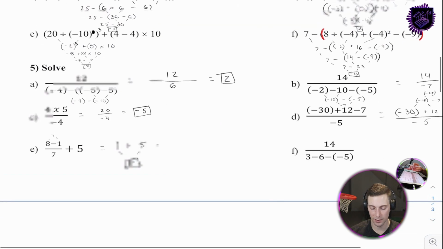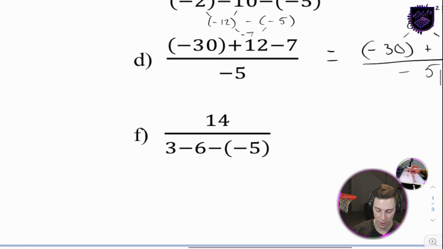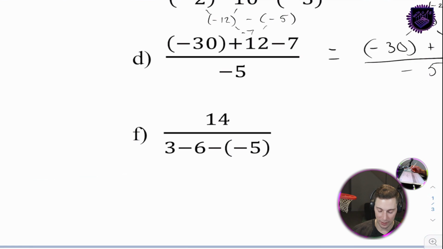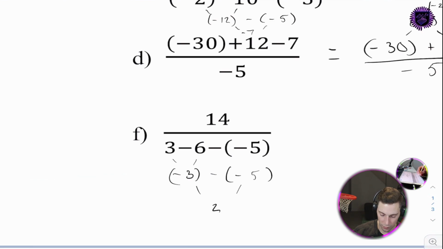All right, last question. 3 minus 6 minus negative 5. So 3 minus 6 is going to be negative 3 minus negative 5. It's going to be 2. And this will be equal to 14 divided by 2. And that's going to be equal to 7.